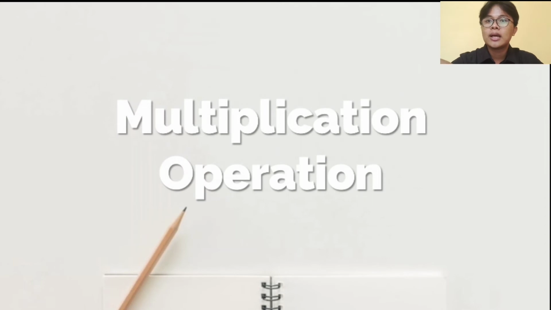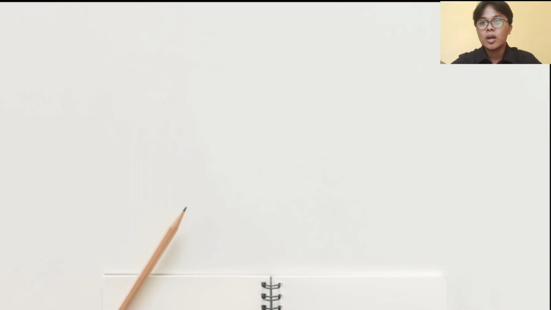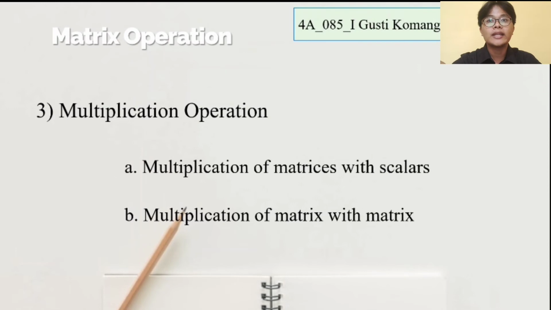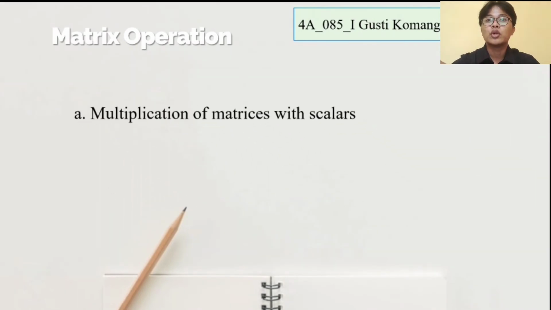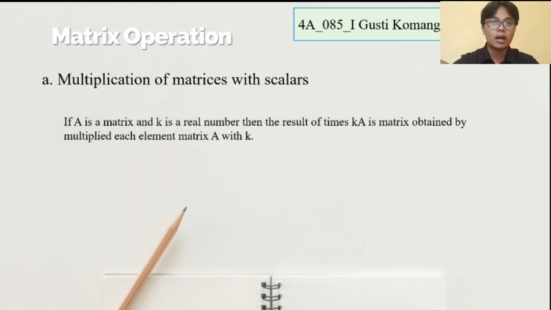Next is the multiplication operation. The multiplication operation is divided into two parts, right? The first part is multiplication of a matrix with a scalar.